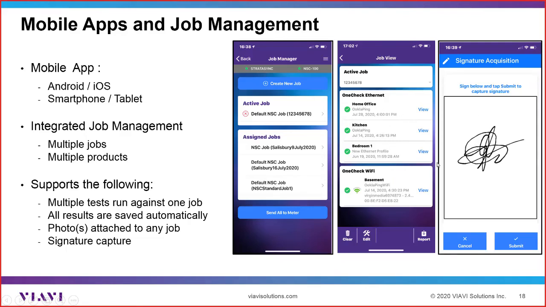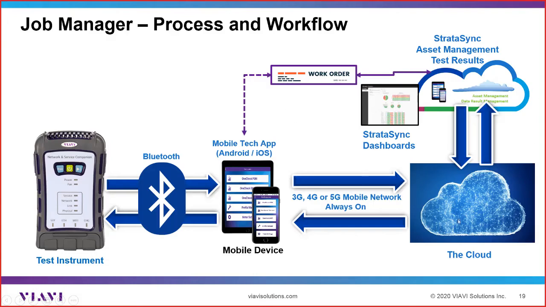So there are ways of improving the relationship with the customer by having a lot more data on what you do. And the way those things are put together is you have the test instrument that is connected, usually using Bluetooth or Wi-Fi, to a mobile device, either a phone or a tablet, right?